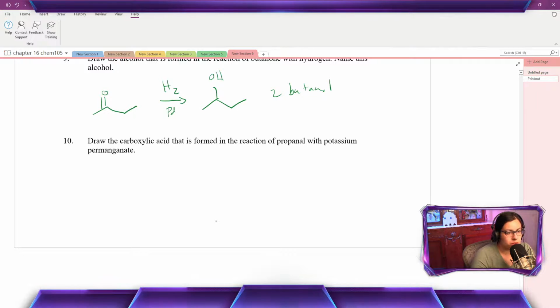And then the last one, so draw the carboxylic acid that is formed with the reaction of propanol with potassium permanganate.